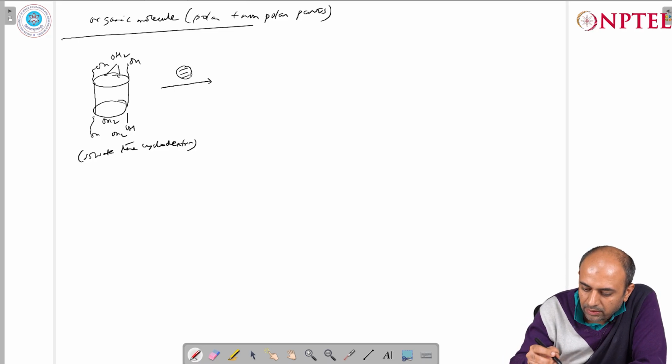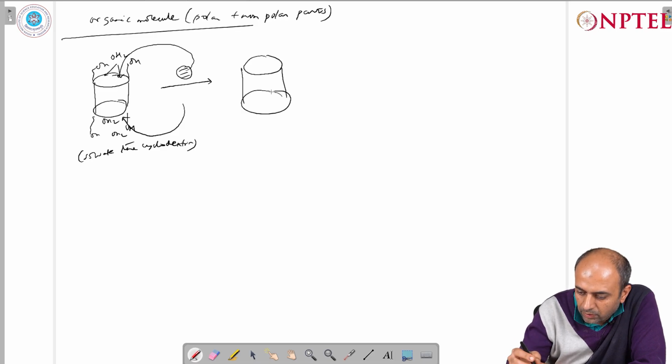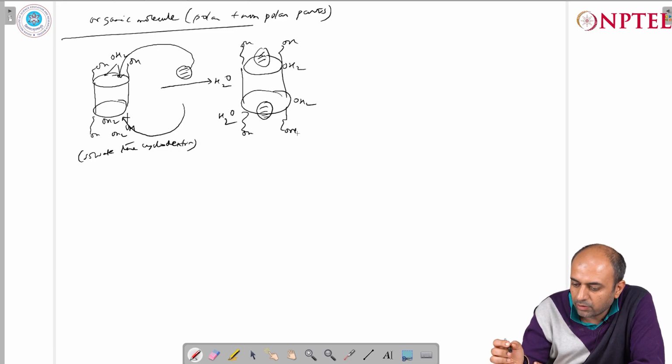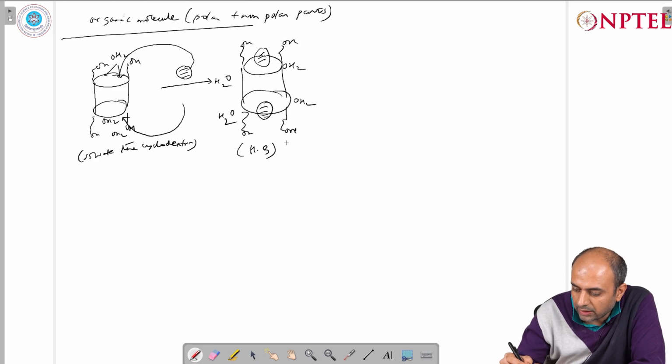What will happen is that the guest molecules will now interact with the cyclodextrin and form favorable host-guest interactions, and the water molecules will be released into the bulk.